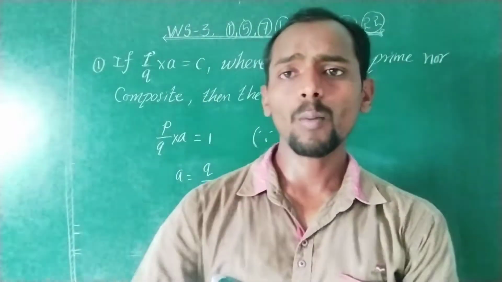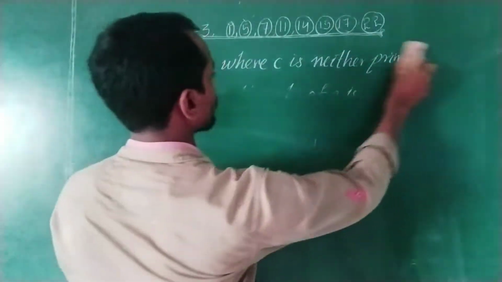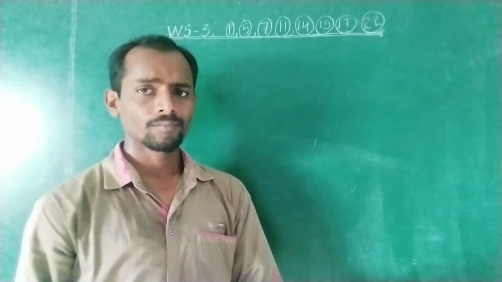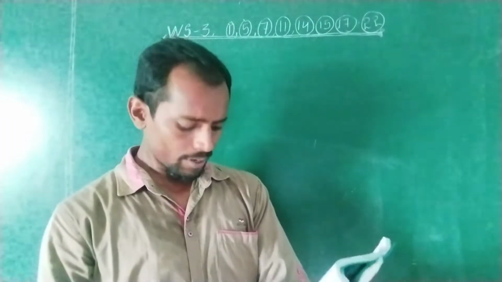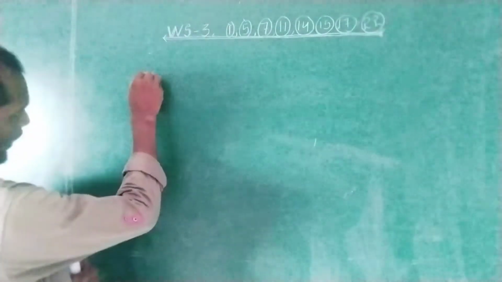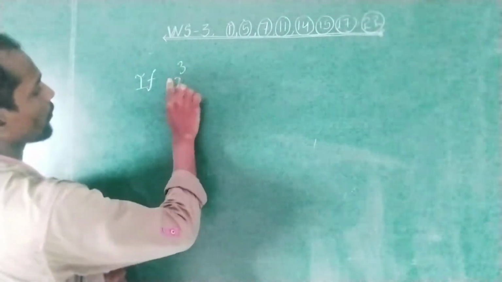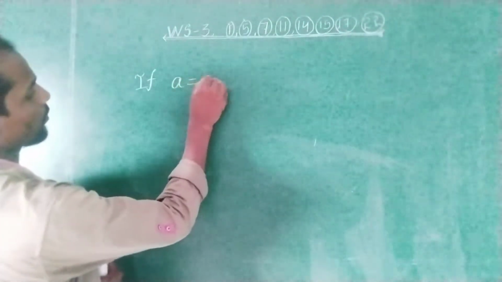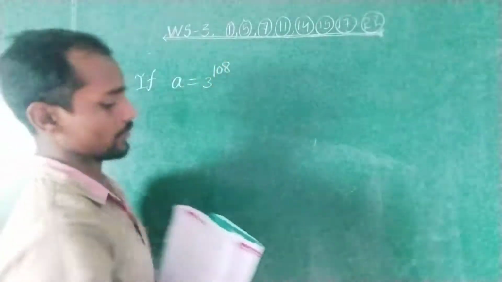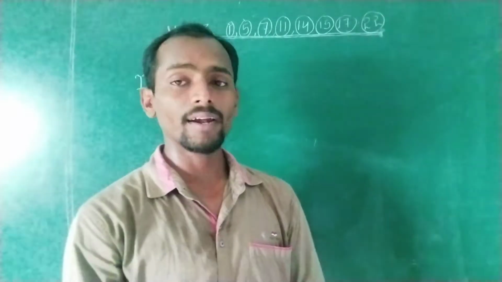Let us solve problem number 5. Now I am reading, you have to observe and listen carefully. If A equals 3 to the power of 108, and B and C are the multiplicative and additive identities.